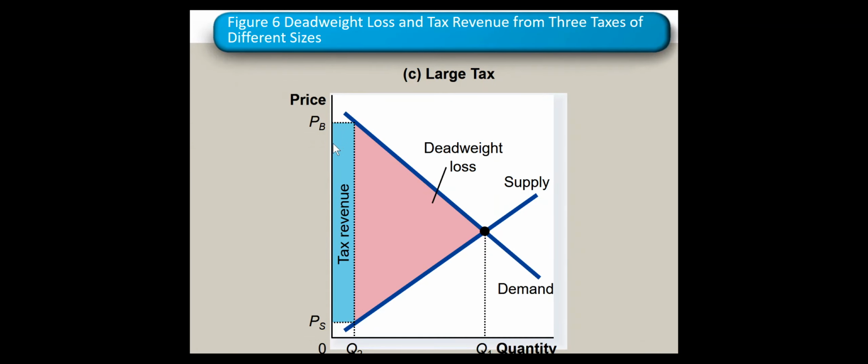When you increase the tax size after some limit or some border, most of the benefit from participating in the market will go to deadweight loss. Why? Because buyers and sellers will just abandon the market. They will not be interested due to the high tax imposed. And the whole benefit from the market will be just a deadweight loss.